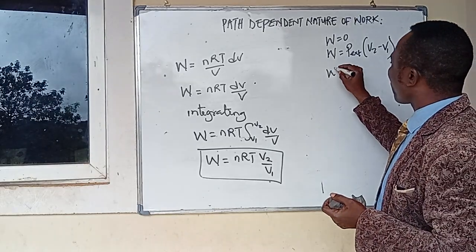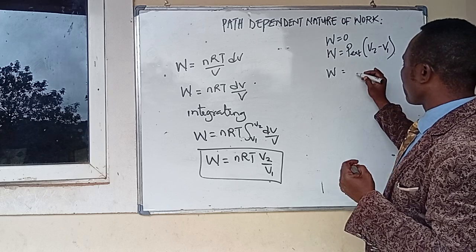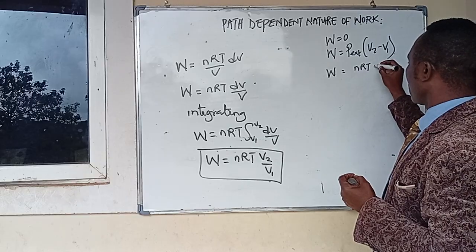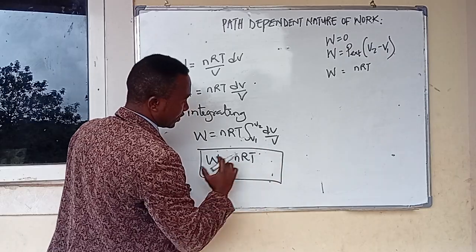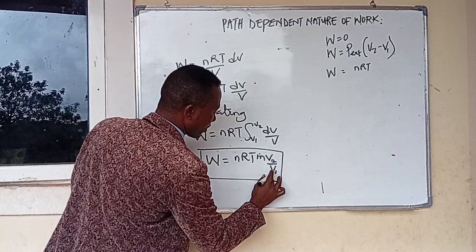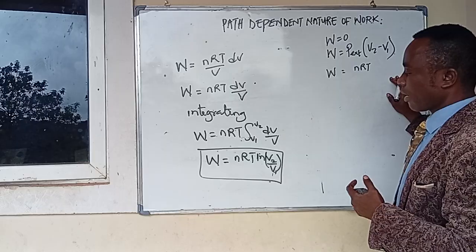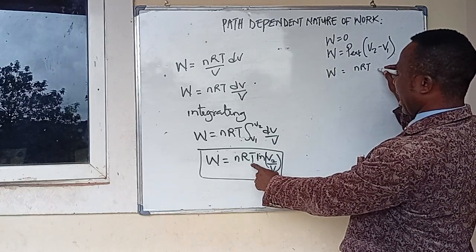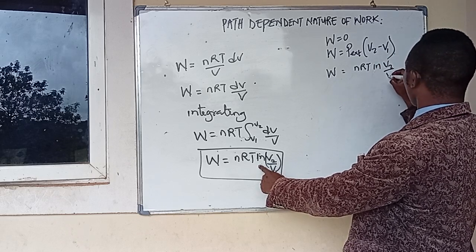Then if a gas expands isothermally and reversibly, when you integrate this, it has to be ln V2 over V1, so the work done will be nRT ln(V2/V1).